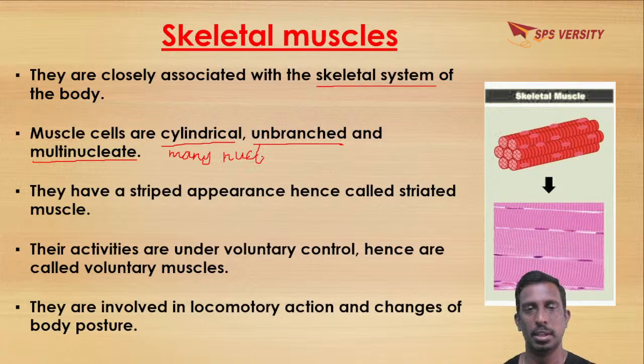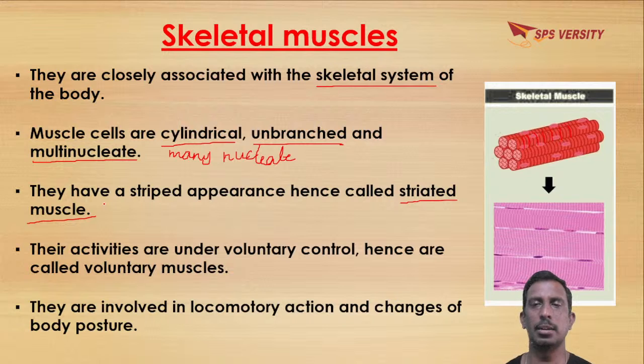And on the surface they are showing stripes, striations. As they are showing striations, they are called striated muscles.